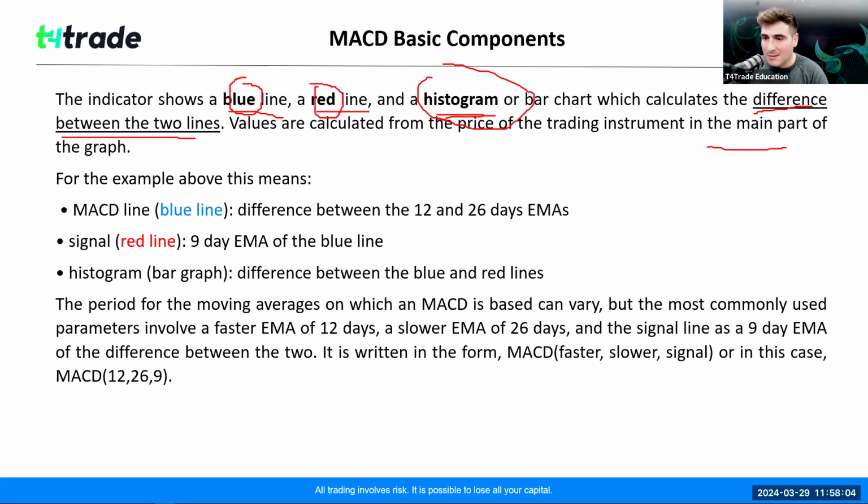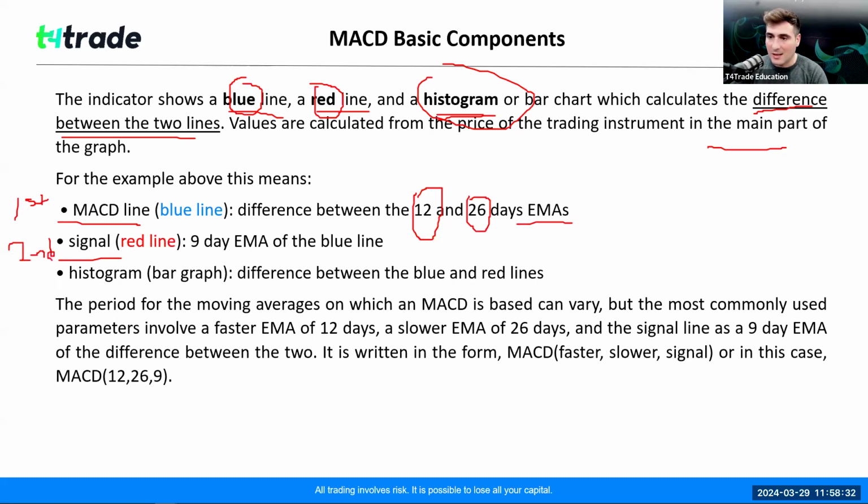So the MACD line is, in basic words, the blue line, which is the difference between the 12 and 26 exponential moving averages. The MACD is the difference between the two periods we have selected, the 12 and 26, which can be adjusted according to your needs. So this is the first line you're going to see on the MACD, and this is the second line.